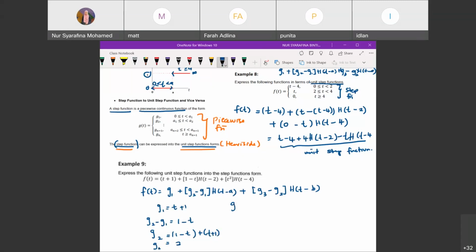Alright, and then g3 minus g2 here equals t squared. And you know that g2 is 2. So you can write in the form of a step function. g1 is t plus 1. g2 is 2. g3 is t squared plus 2.